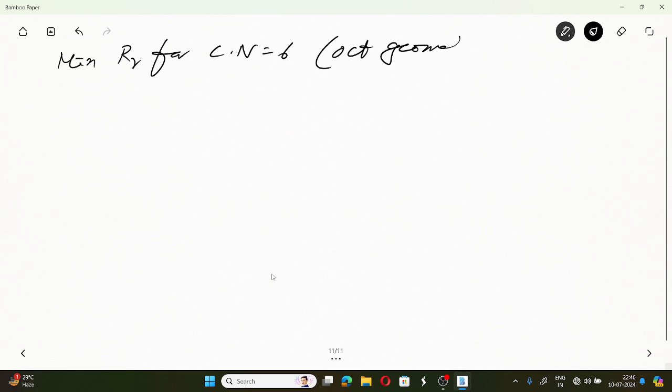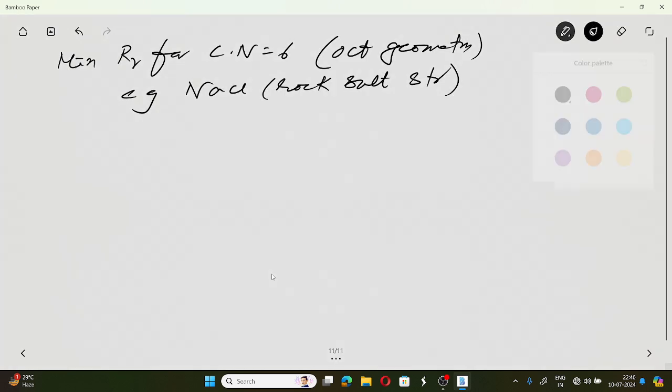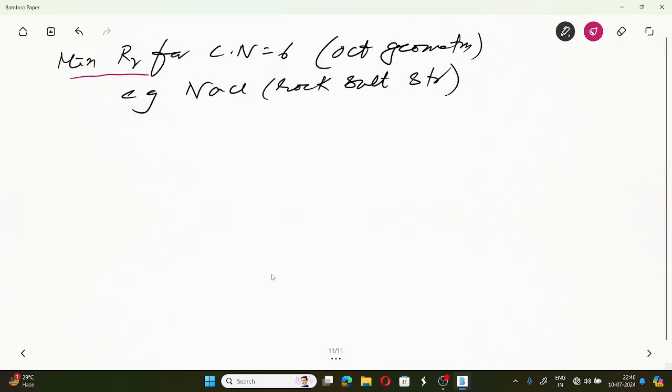Now this octahedral geometry, we can say example given is NaCl rock salt structure. Rock salt structure, then they can ask you a question like this: find the minimum radius ratio for rock salt structure. Instead of minimum radius ratio for coordination number 6, they can give you NaCl structure.